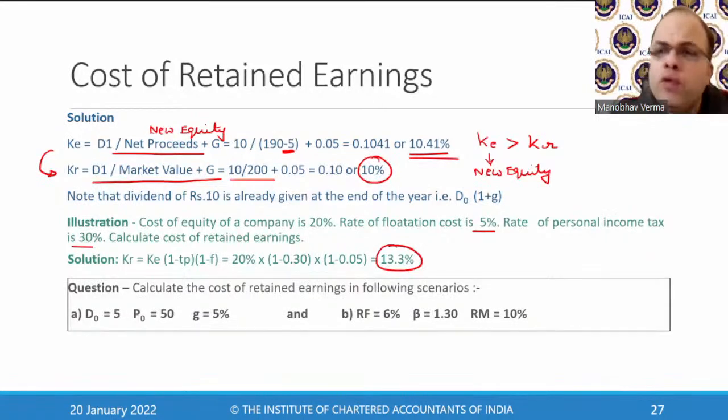So I think that's absolutely clear to everyone. Now, a couple of questions for you guys, question number A and question number B. We have to calculate the cost of retained earnings in the following scenarios. Who will be giving me the answer for question number A?